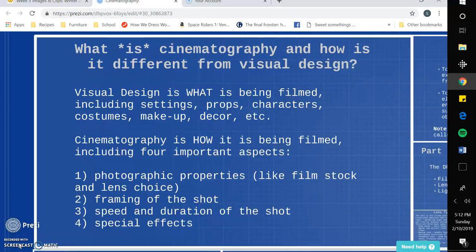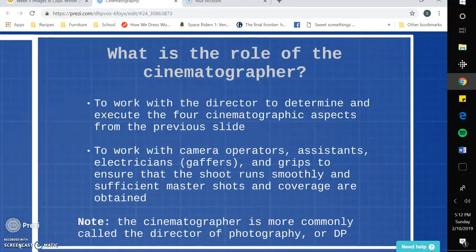Then the speed and the duration of the shot, and special effects. Now, some special effects are done in camera, and some are done after the fact in post-production. So when I say special effects here, I'm not referring to every single kind of special effects, just the ones that are directly related to what the camera is doing.